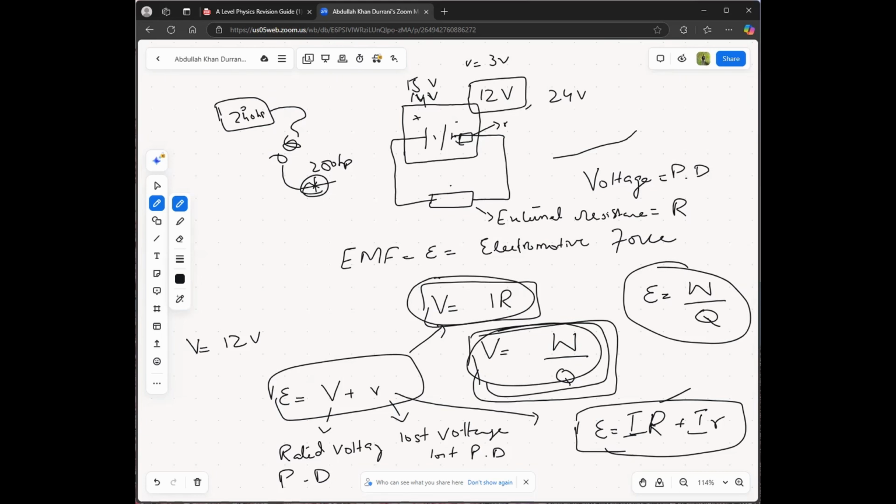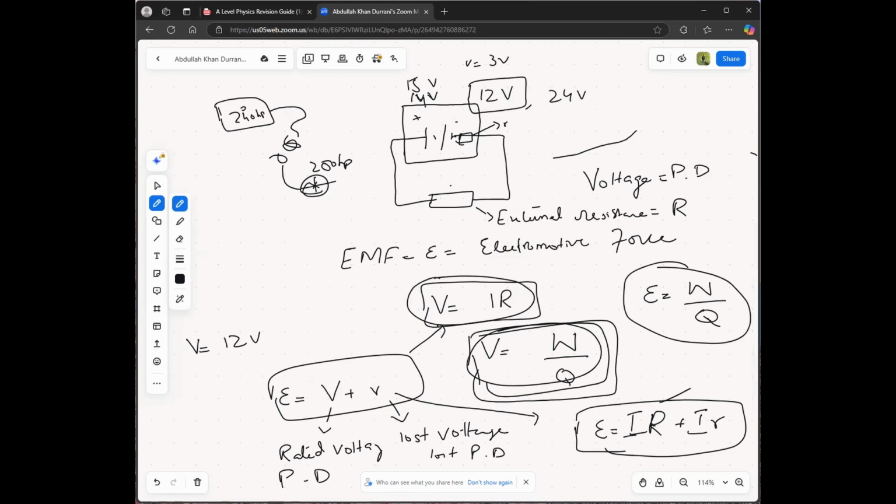Like for example, the car battery. Every car has a battery because that is needed to run some of the electronics before the car even starts, just like the starter of the car. So that battery says that it is 12 volts, but in reality it is more than 12 volts that is being made by the battery. But obviously there is internal resistance as well, so some of that is lost inside the battery.